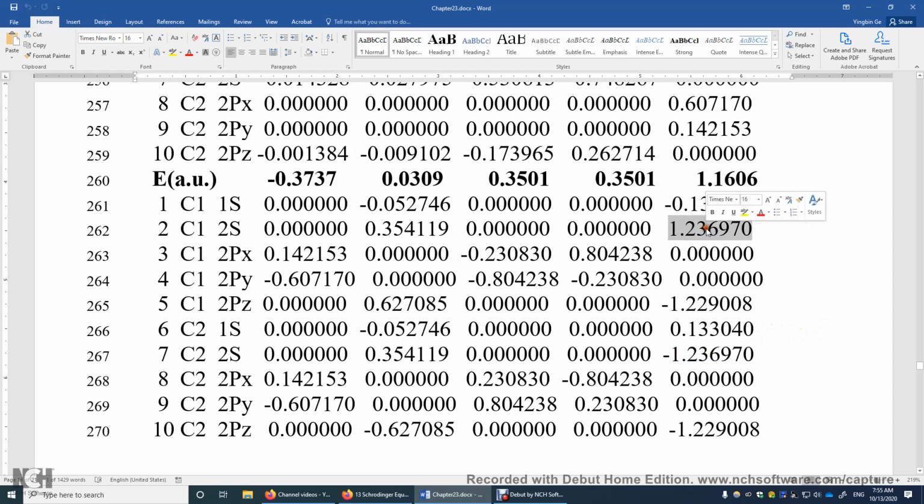That's the destructive interference between 2s and 2s. Over here, -1.2, -1.2. Again, this is destructive interference, right? Because it's the shoulder-to-shoulder interaction between the p orbitals. So again, if you draw the p orbitals on paper and do shoulder-to-shoulder interaction, if they are pointing in the same direction, it's actually destructive interference.